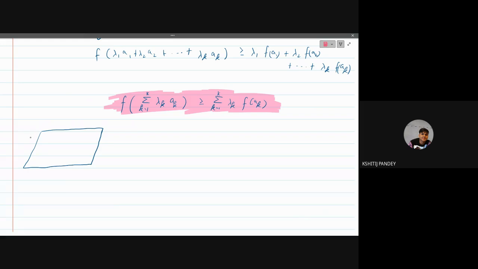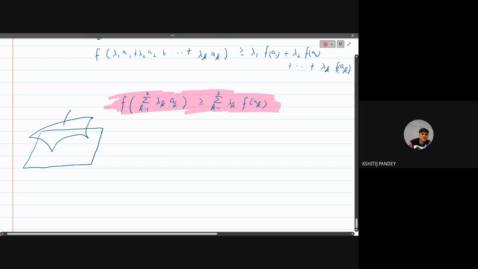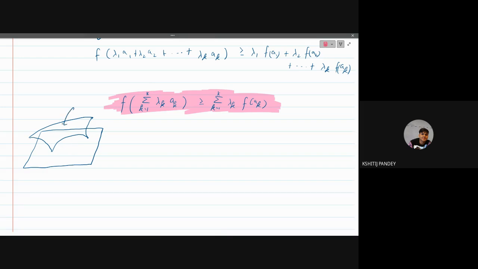So this is the function, and the function value will always be greater than the linear interpolation of any 3 points in 3D.